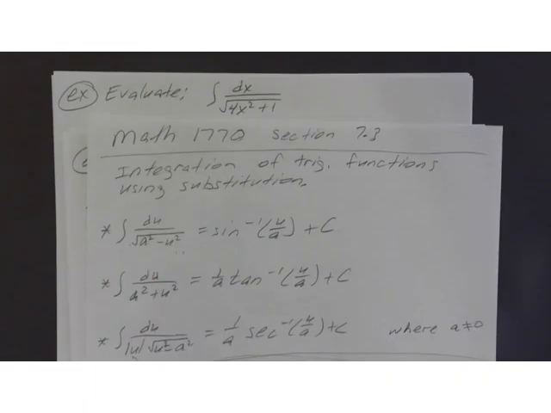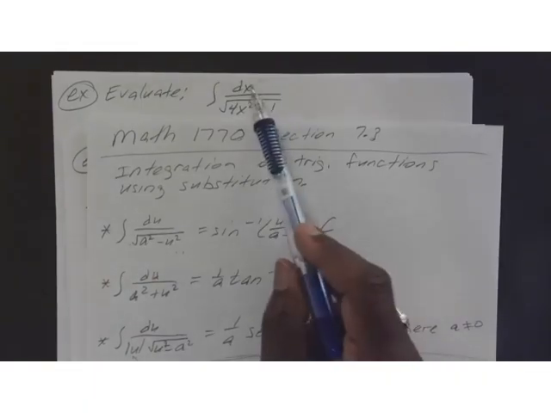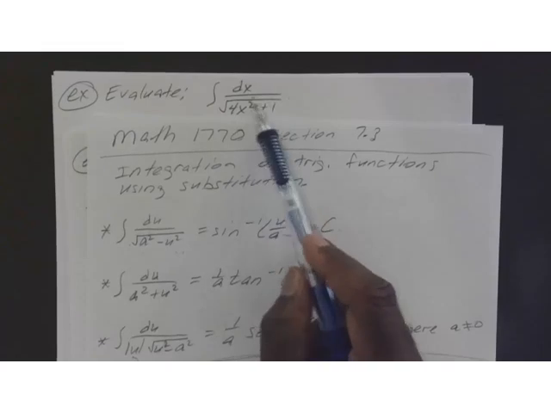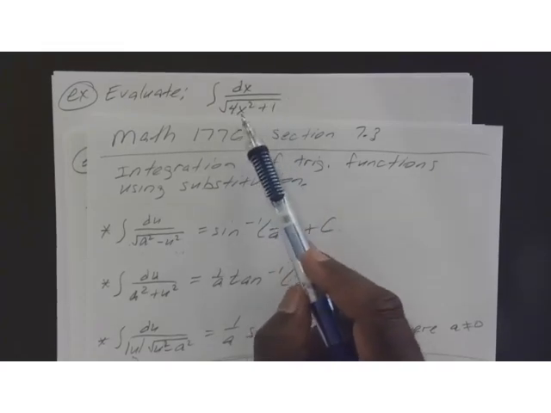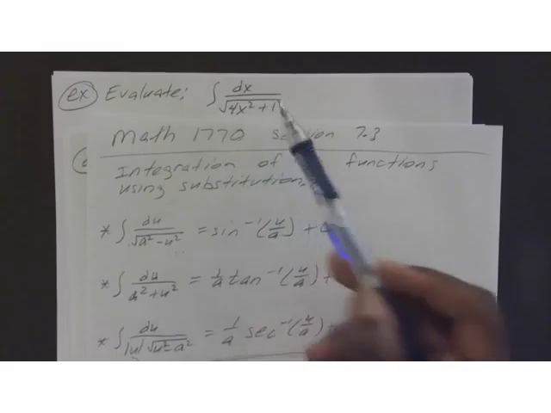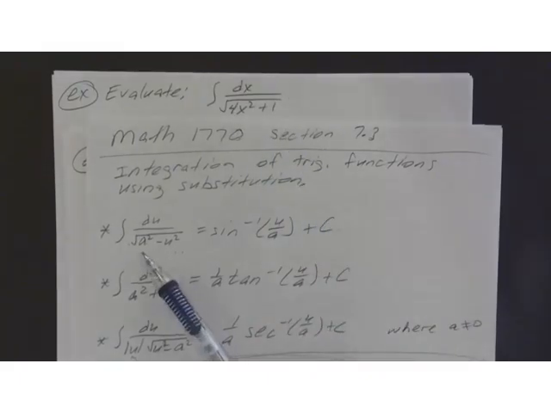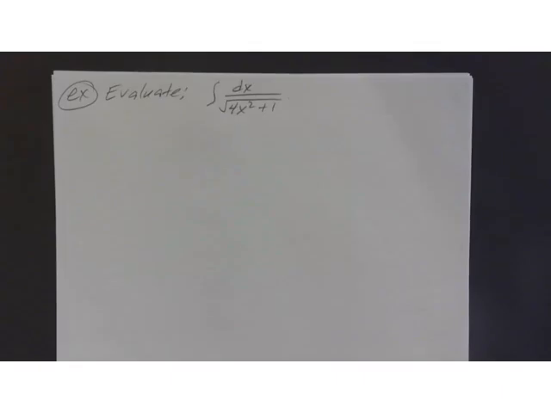Well, you could move the dx and say 1 over the square root of u squared plus a squared. Here we have a squared minus u squared under the square root. We have an a squared plus u squared, but there's no square root, so it doesn't fit any of those original ones. So always check the original 3 first. If it fits in any of those, then it's a lot easier. You're just kind of plugging it in. But if it doesn't, then we have to check the others.